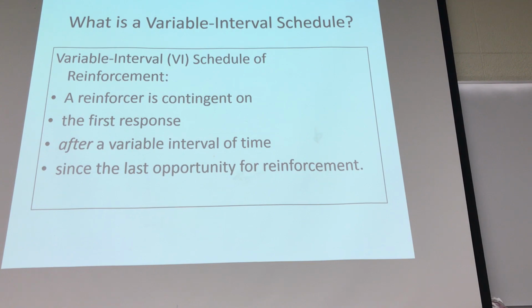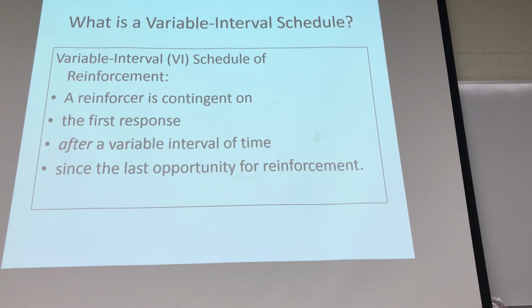So the first interval might be 10 seconds. First response after 10 seconds will be reinforced. Then the counter resets to 0. And the next interval might be 8 seconds. First response after 8 seconds is reinforced. Counter resets to 0.